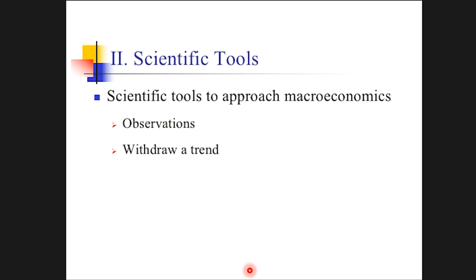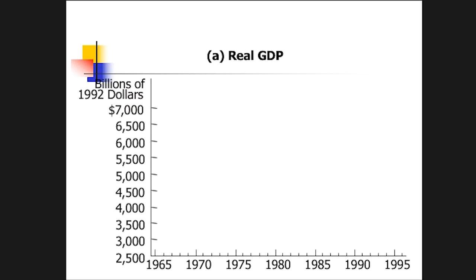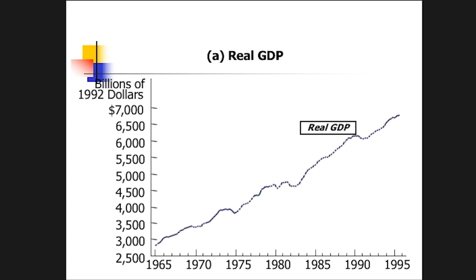For example, when you study the economy like the US, you will see the real GDP of the US like this. The real GDP for each year is described by this line.